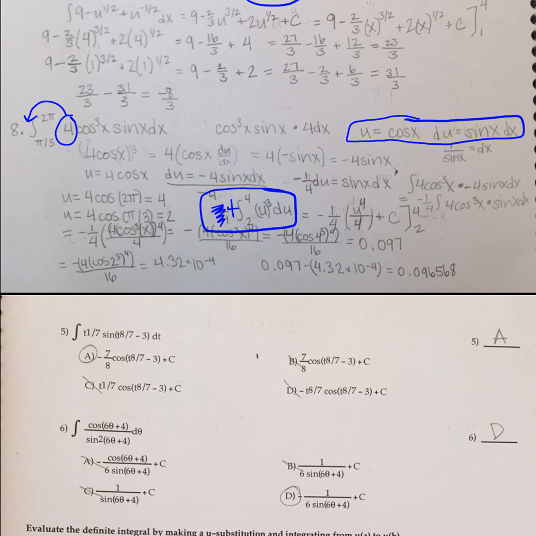We don't need to do any changing of the u and du because I do see that you had the 4 here, but if you put it out in front, you don't have to worry about the switching up of the fractions. And what ended up happening is you wrote u as cosine x originally, but then when you started doing other calculations, you wrote it as 4 cosine x.